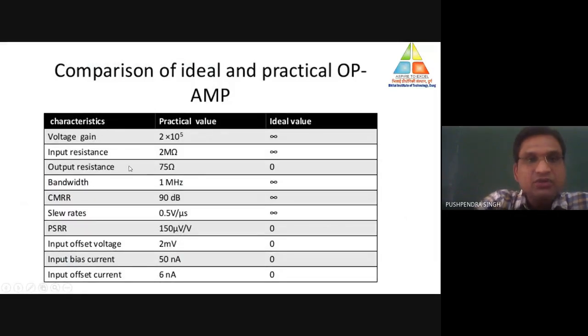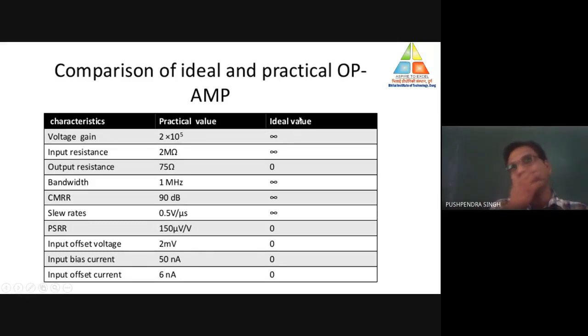Now this table shows a comparison between the ideal and practical characteristics of the operational amplifier. Let's go one by one. First is voltage gain. The voltage gain of the operational amplifier in the practical condition is 2 into 10 to the power 5, but in the ideal condition, its value should be infinite.